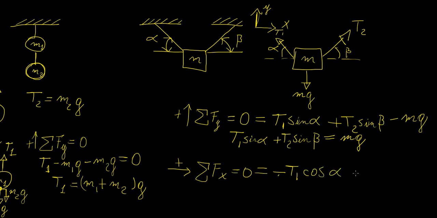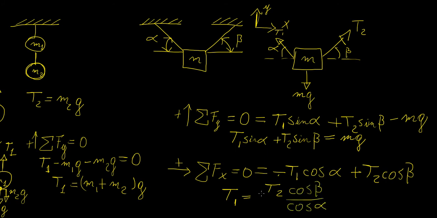And then we're going to have plus T2 cosine of beta. So that means we can draw the relationship that T1 is going to be equal to T2 cosine of beta over cosine of alpha. So we just solved for one of the tensions.